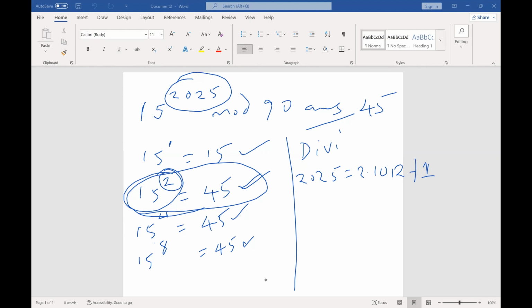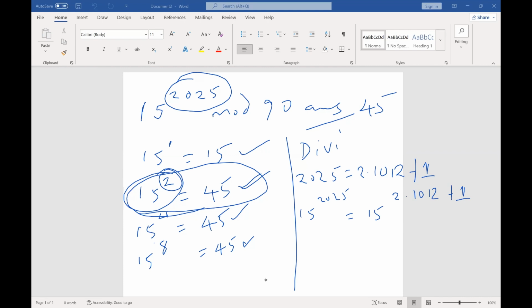Is that okay? Now, I'm just trying to see if this will work. If it will not work, then we'll continue until we reach a number close to 2025. So what I'm imagining is that if somebody gave me 15 raised to 2025, this is the same as giving me 15 raised to 2 multiplied by 1012, plus 1.